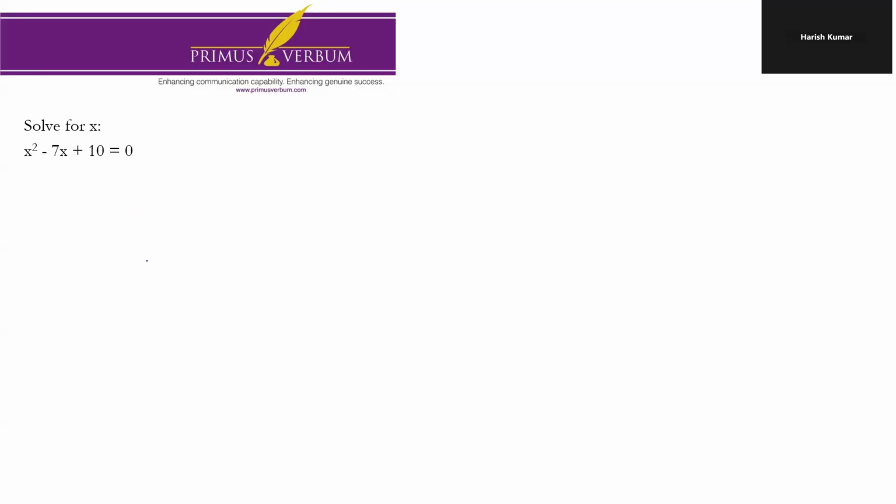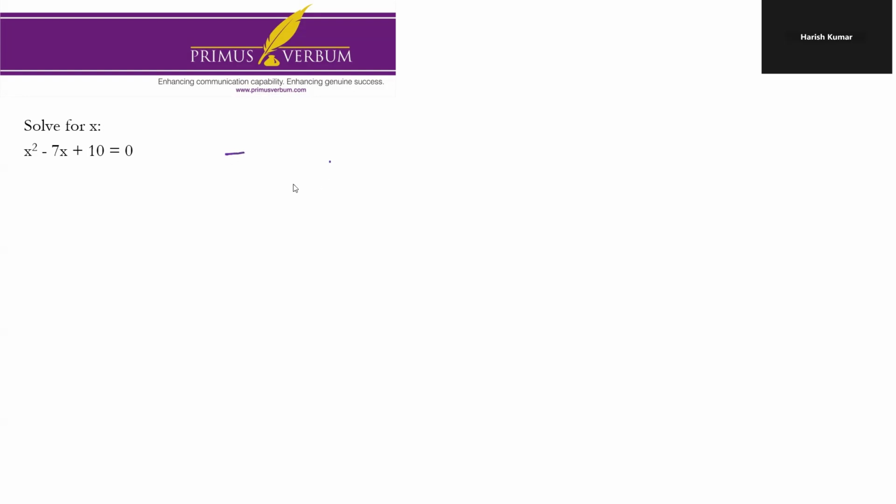Now we need to find two numbers that multiply to plus 10 and add to minus 7. Okay, so what are those numbers which multiply to plus 10 and add to minus 7? They clearly are minus 5 and minus 2.